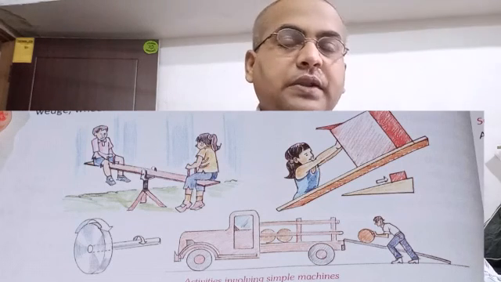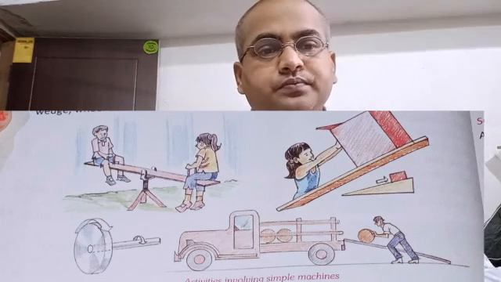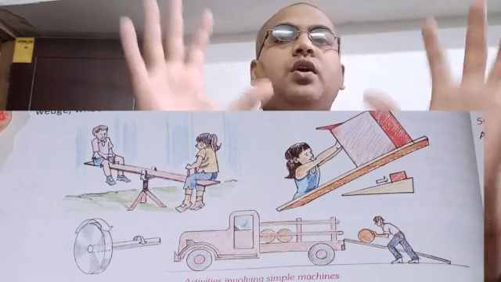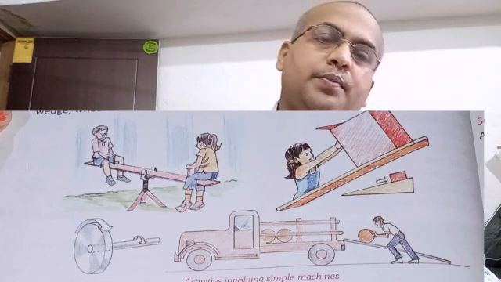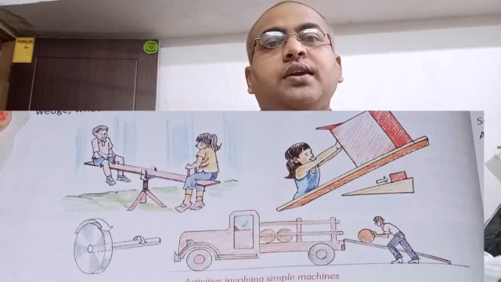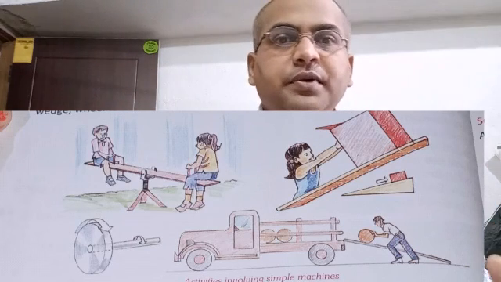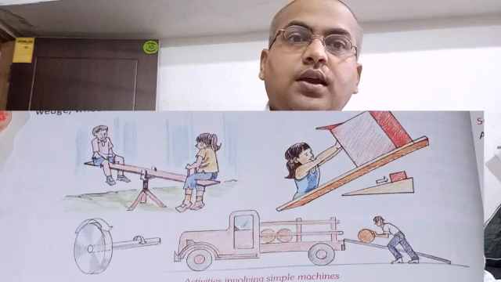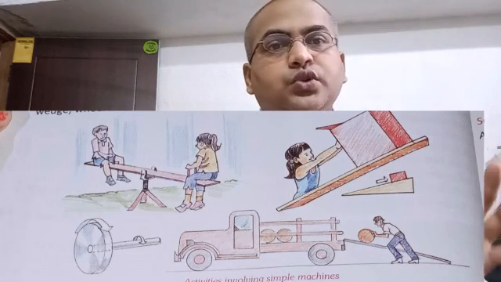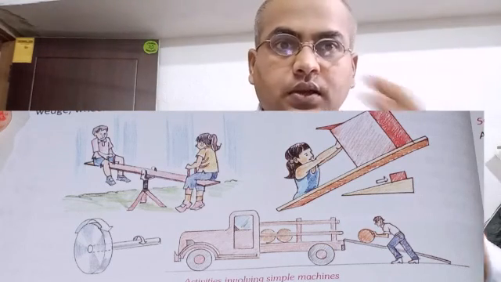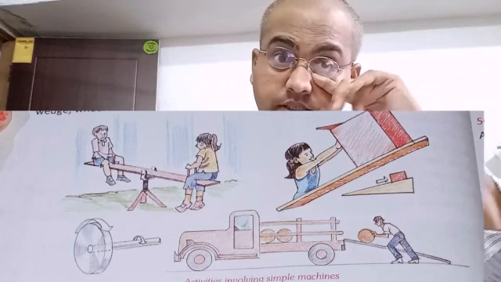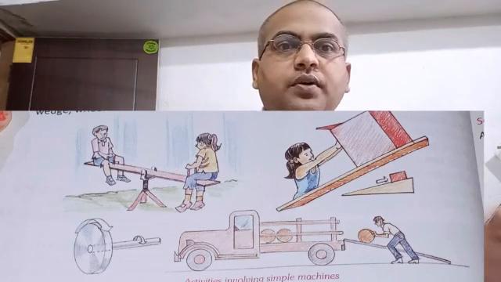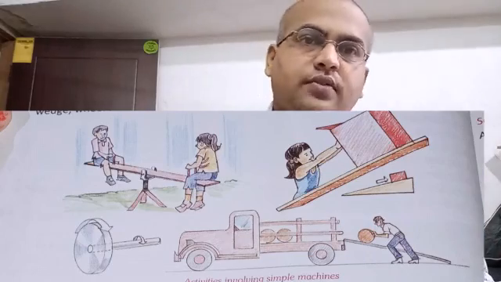So inclined plane is a simple machine used to move objects to a high place. Again I am repeating, an inclined plane is a simple machine used to move loads to a higher place. Okay, so you have seen this type of thing in your regular life also.